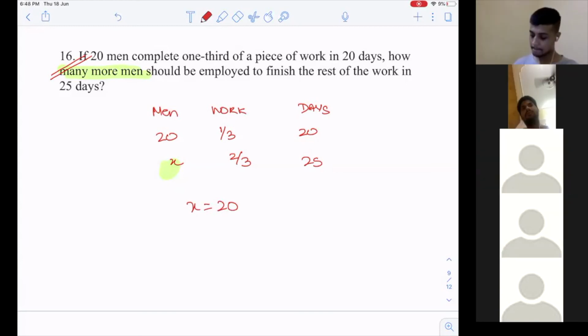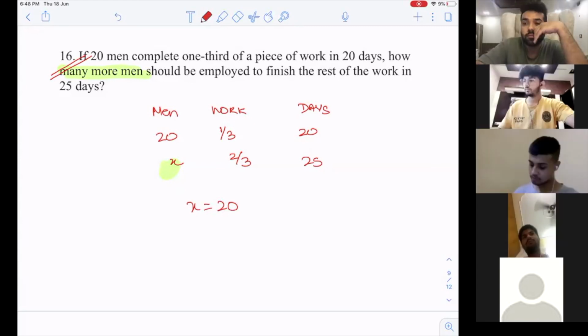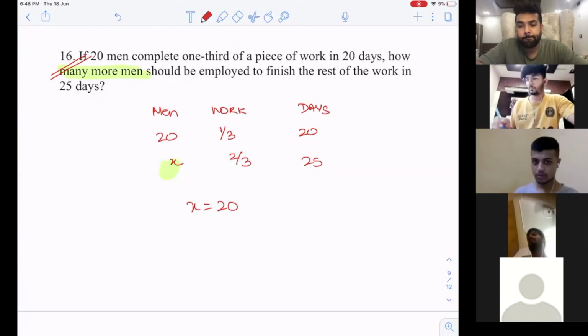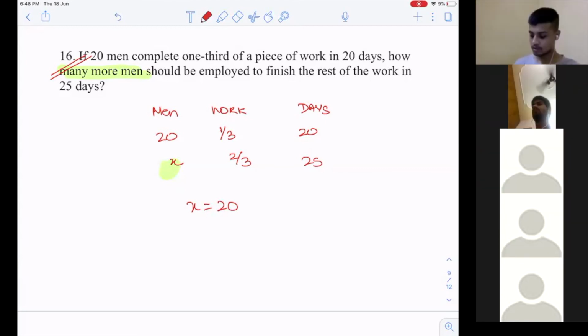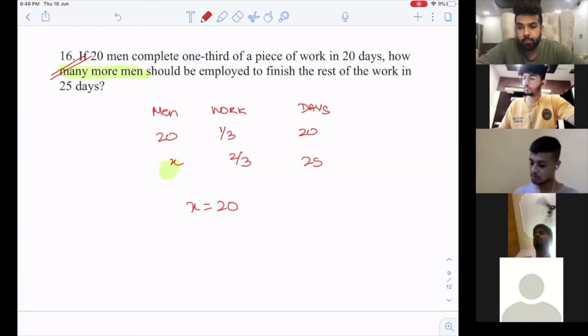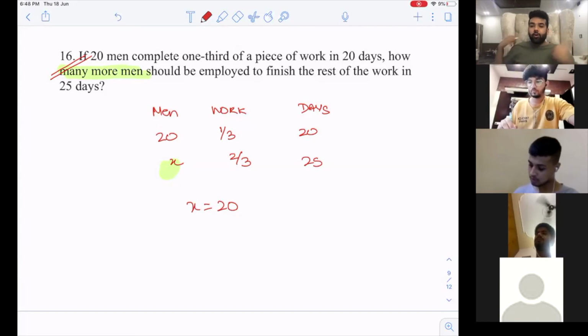Rishabh, what's the answer you're getting? Please type it out, everybody. Are you able to get 12 or not? Let's see where you went wrong.